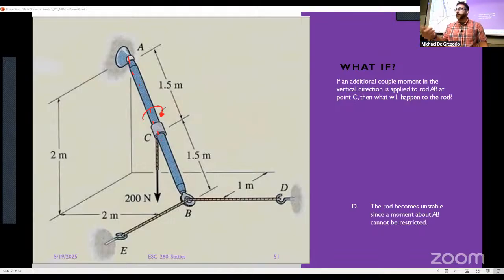So I'm just twisting it in there. There's nothing to stop it. And what's going to happen? You're going to wrap up those cables and the whole thing's going to break, right? Same deal if I started rotating it upward. If I start moving it up like that, what's going to happen? Those cables are eventually going to break because there's no way to counteract any of those moments with this.